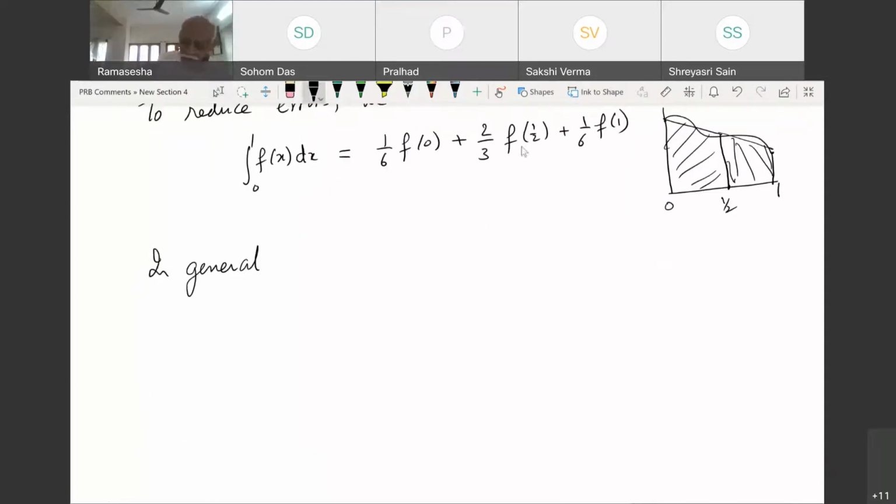Sir, how are the coefficients coming, f0, f half, f1, 1 by 6, 2 by 3? I'll tell you how I'm going to get it, and you can work it out. In general, I think this is not the trapezoid rule.